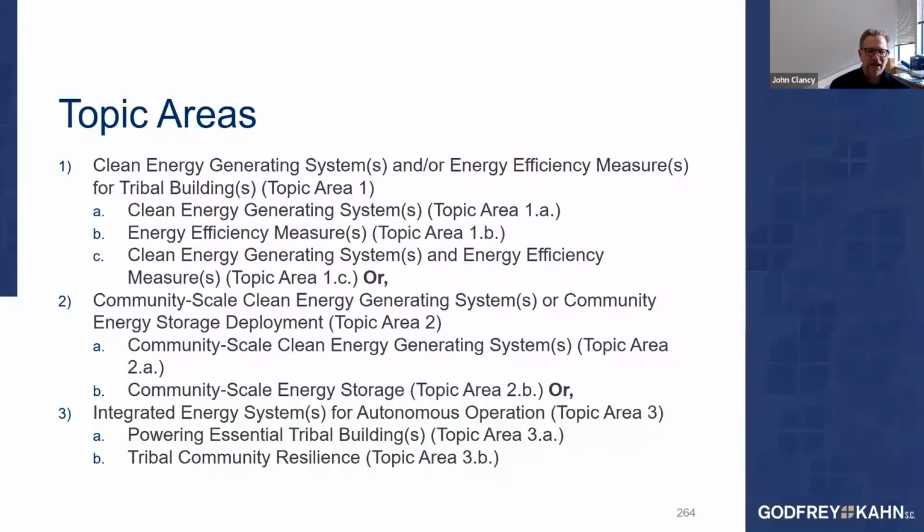So maybe putting in substantial energy efficiency improvements in that building or buildings, or doing both together. They divide it into 3 subcategories: one for clean energy generating systems for one or more buildings, the second for energy efficiency measures for one or more buildings, and then energy generation systems and energy efficiency together for one or more buildings. So they have these different subtopic areas within that.